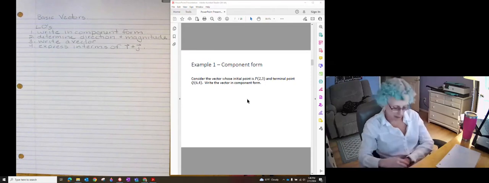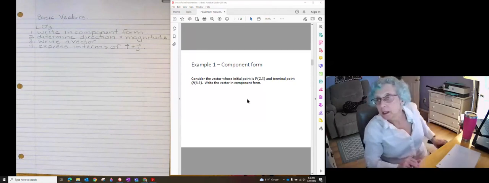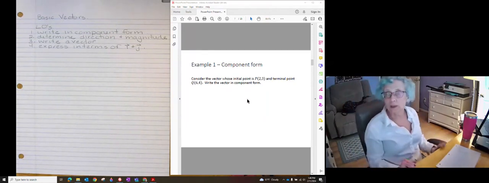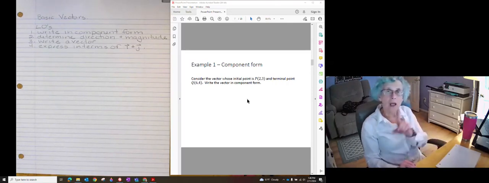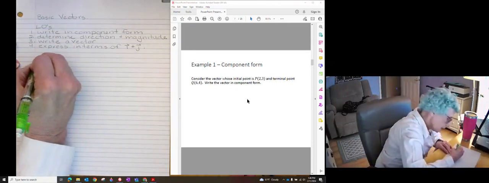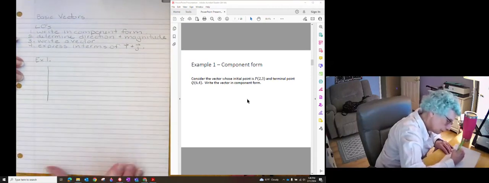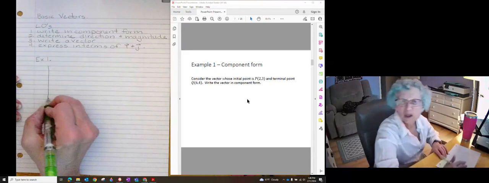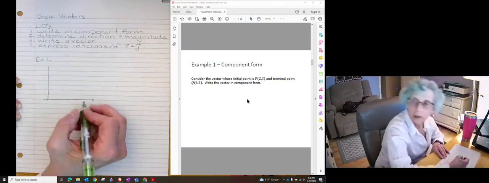Now, consider the vector whose initial point is (2, 3) and terminal point is (6, 4), and we want to write it in component form. And just for fun, I'm going to go ahead and graph it too. So let's look at example 1. Since both of those points are in the first quadrant, that makes my life pretty easy.